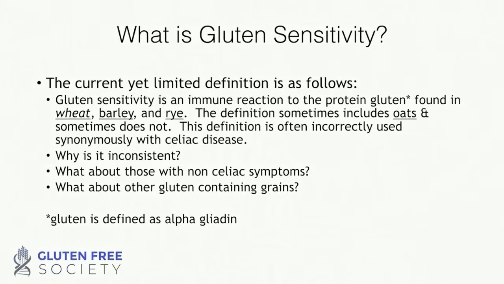Very, very important point. So again, the current definition has some inconsistencies, right? One of the biggest ones is oat. Is oat safe? Is oat not safe? Then there's also the inconsistency of using those two terms interchangeably. Gluten sensitivity and celiac disease are used synonymously by most mainstream medical authorities, and that's an incorrect usage of the two terms.